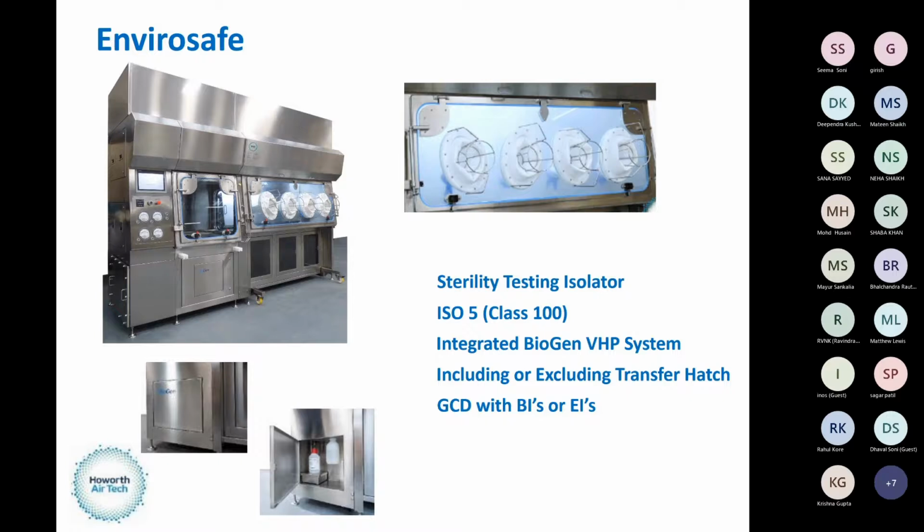So that's a technology that might be of interest to some people out there. So if it is, then drop us a note at Inos, and we can give you some more information on that, because we believe that is a game changer for the gas cycle development of any aseptic system.